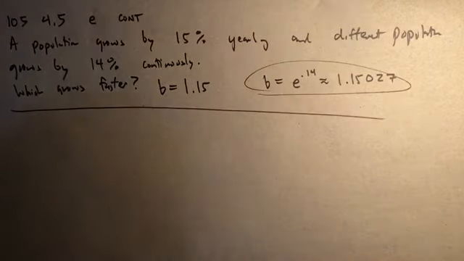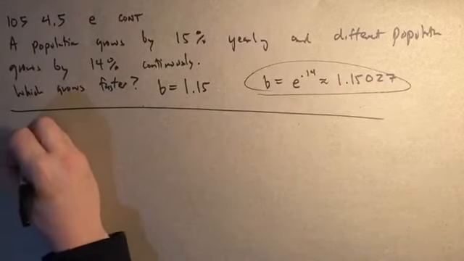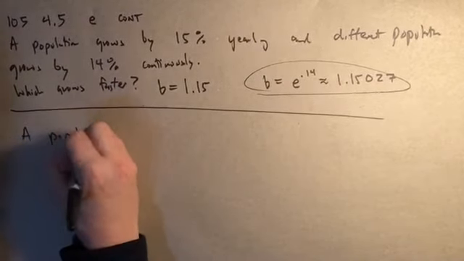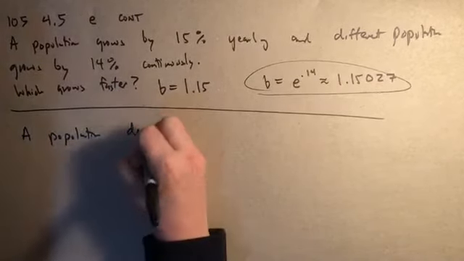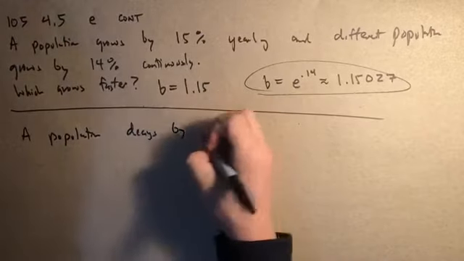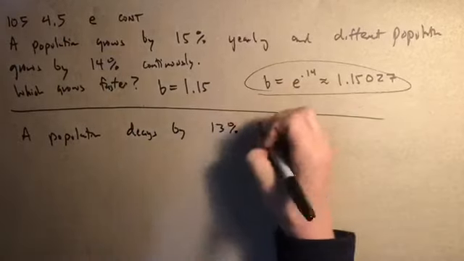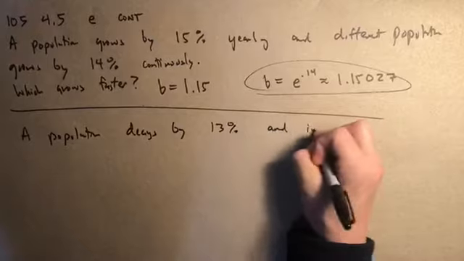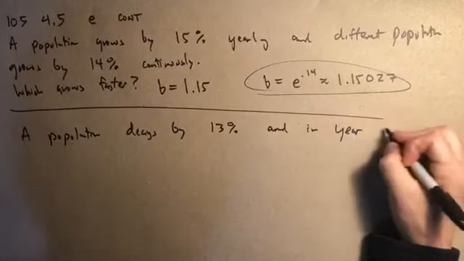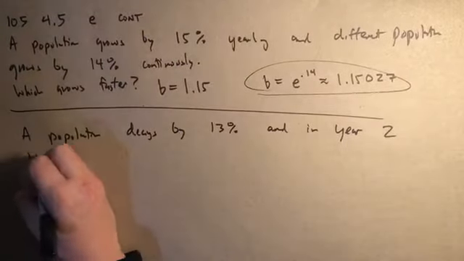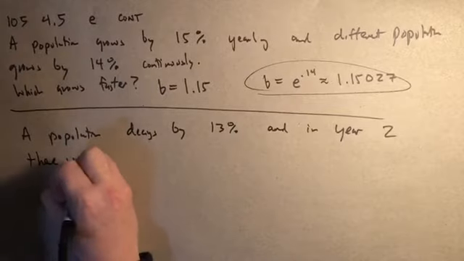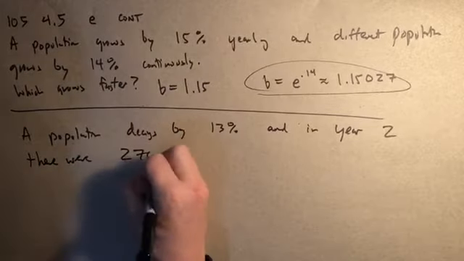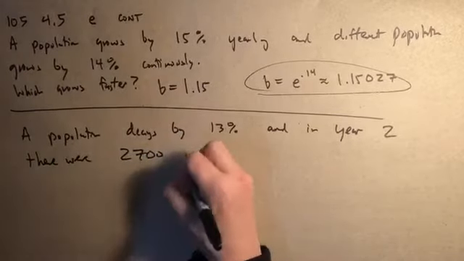Let's do one last example, and how about a population that decays by 13%, and in year 2, there were 2,700 people.